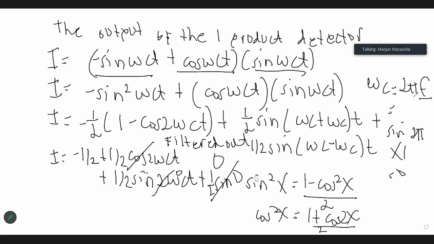Because any factor multiplied by sine 2 pi is equal to 0. So the answer is equal to negative 1/2 V or logic 0.